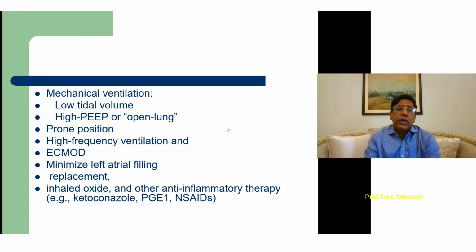That's where there's a new concept of ventilation which is called extracorporeal ventilation, the extracorporeal membrane oxygenator devices. Instead of ventilating them through an endotracheal tube and a machine attached to it, we take the patient's venous blood and attach it to sort of a heart lung machine, you may call it.